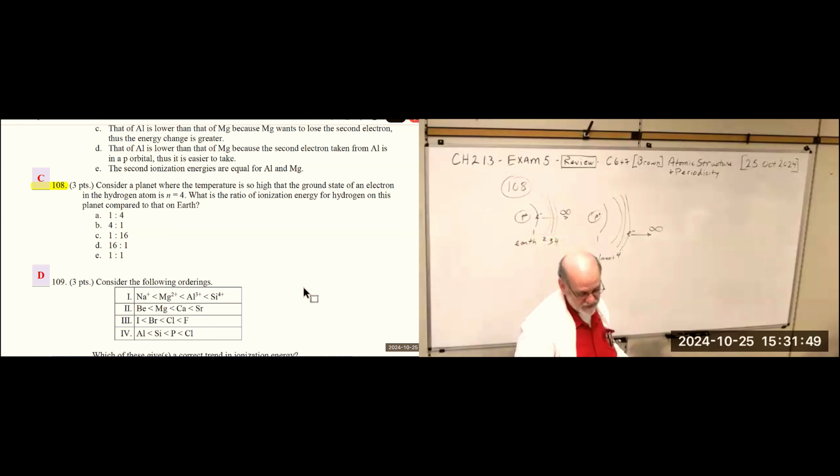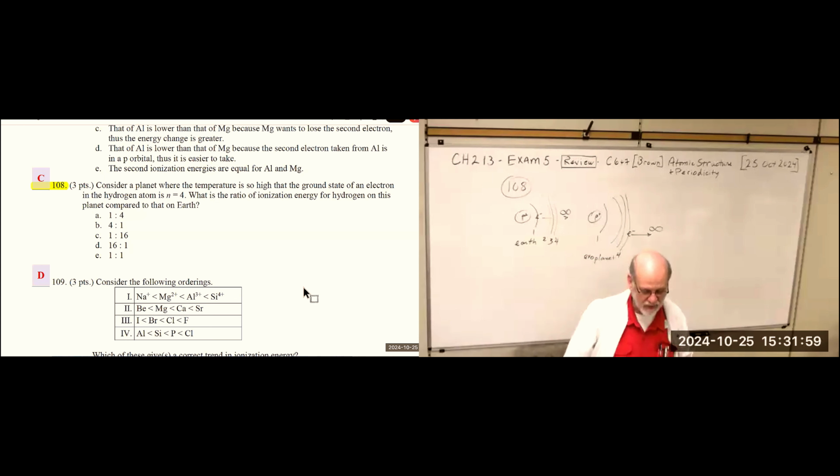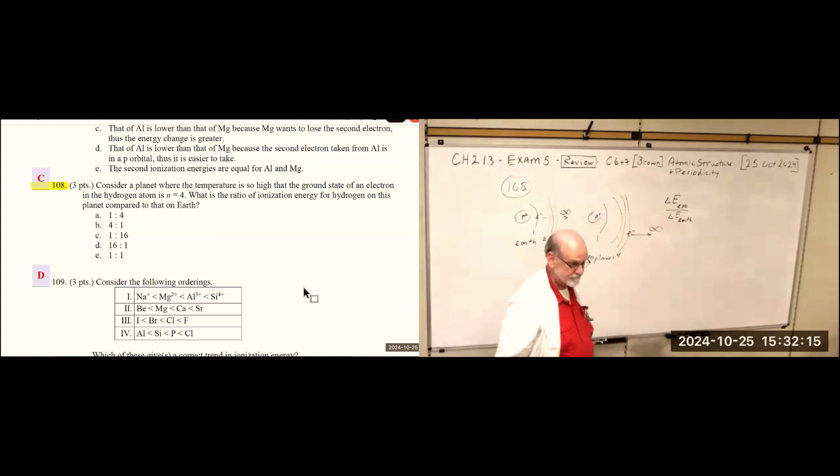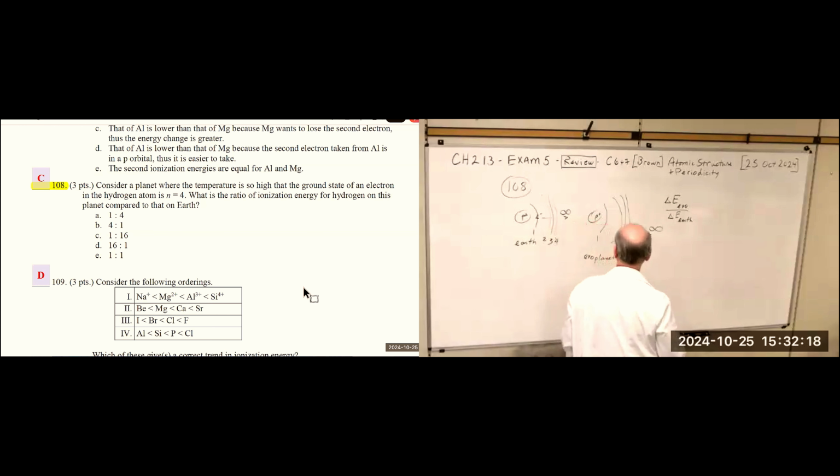We're ratioing the ionization energy of, let's see, what is the ratio of the ionization energy for hydrogen on this planet compared to that of Earth? So we want the energy of the exoplanet, actually the change in energy, ratioed to the energy of Earth. Right? Okay. Takes more energy for this one. So our ratio is probably going to be less than 1.